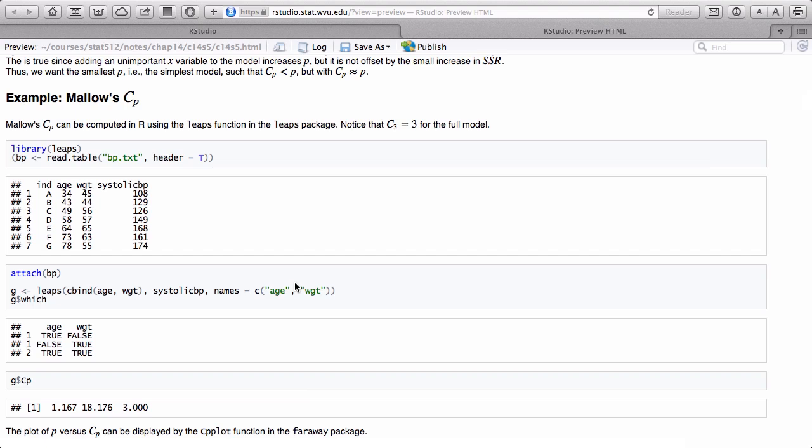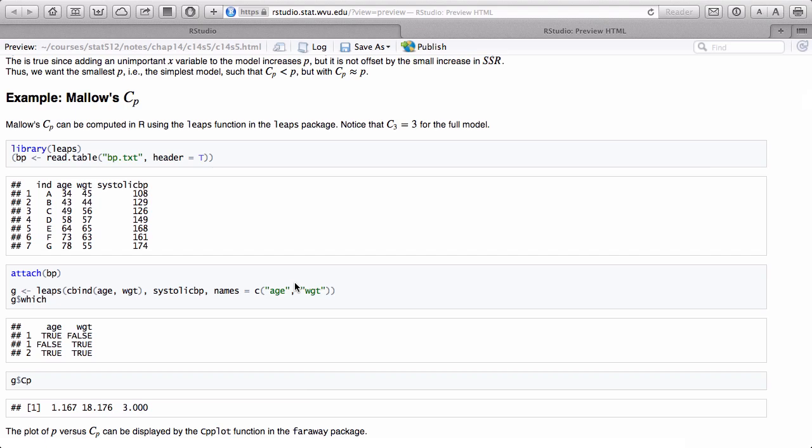So if you're looking at the best model, or if that's what your goal is, if you have a lot of predictors, you have a lot of choices, and some of them are very close. What you want is what's called a parsimonious model. That is, you want a model with as few terms as possible, but not too few.